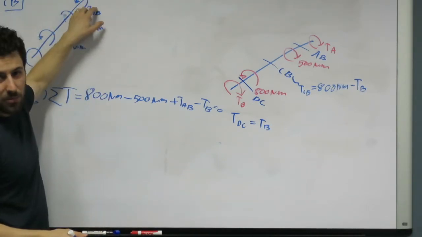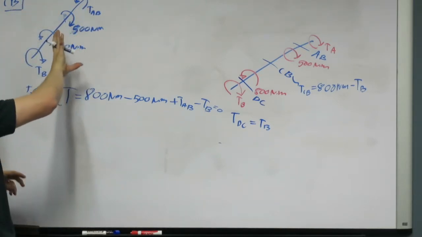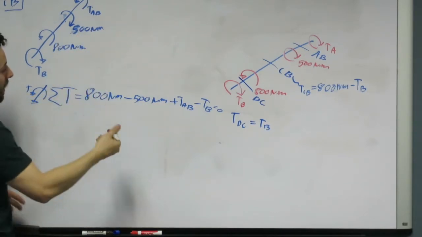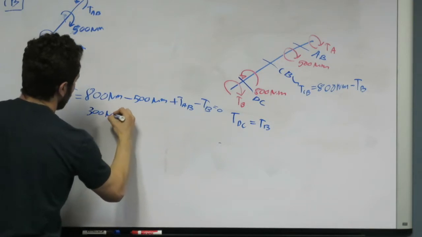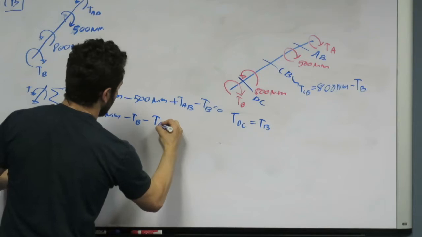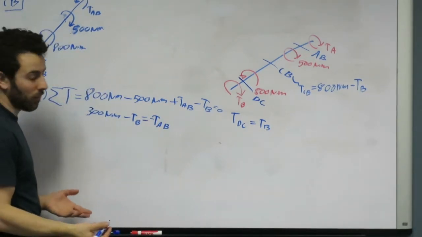I made the wrong assumption in the reaction of TAB just because you have the 800 and then the 500, so you still have a residual 300. So the way this is going to be is 300 newton meters minus TB minus TAB equals a negative TAB. So that just goes to show that's the wrong way.